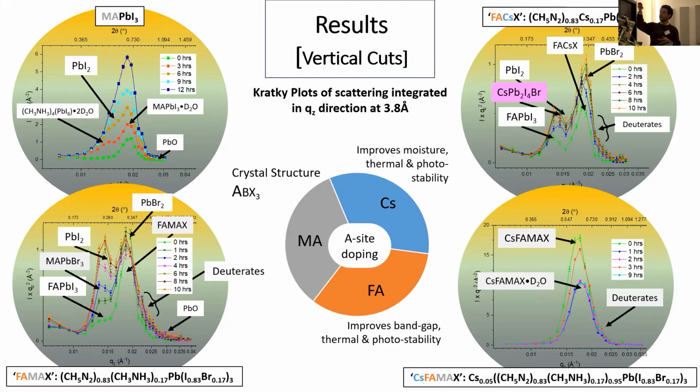I plotted my results. This is looking at vertical cuts. I plotted these vertical cuts using Kratky plots because that allows me to look at particles. And this is just a summary overview of the different chemistries I looked at.